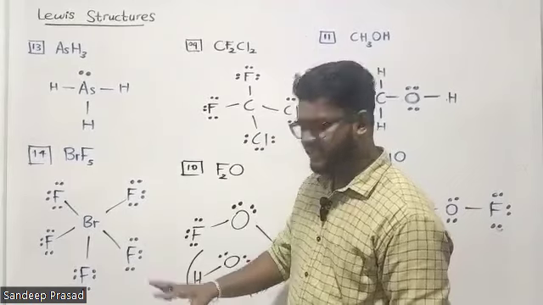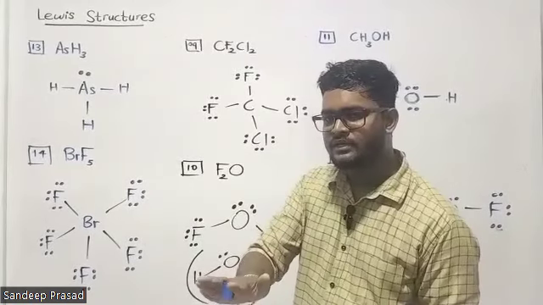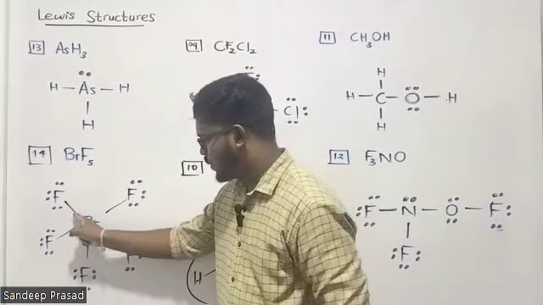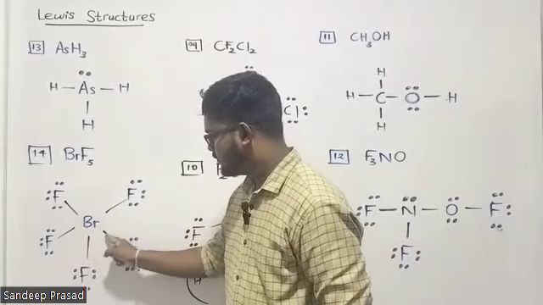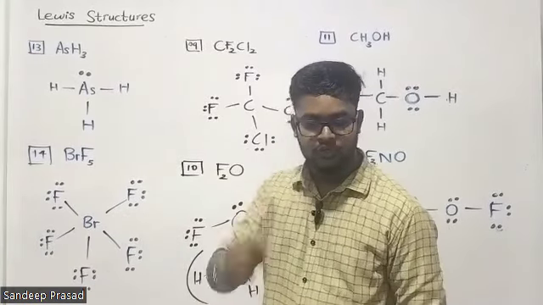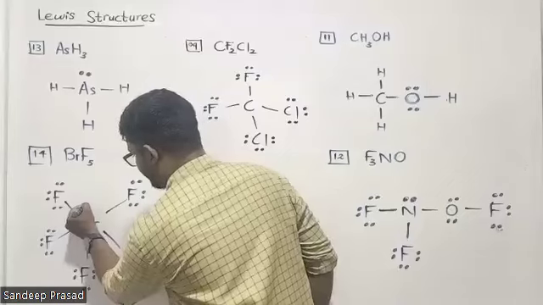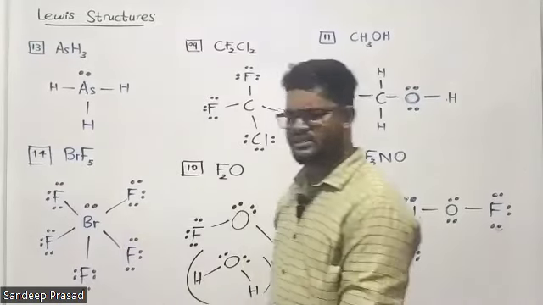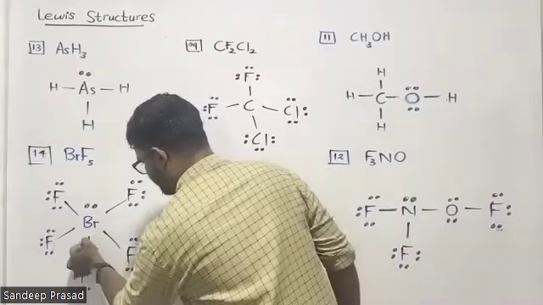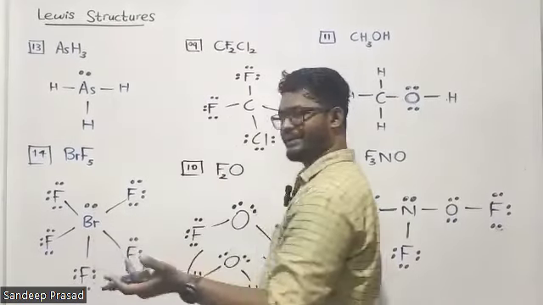Okay. So here, in the valence shell of bromine, how many electrons should be there? 7, right? Group number 17. Count the valence electrons: 1, 2, 3, 4, 5. How many electrons do we need? We need 2 more electrons. Then put a lone pair for the bromine atom. Easy. Can you understand? Forget about the octet.